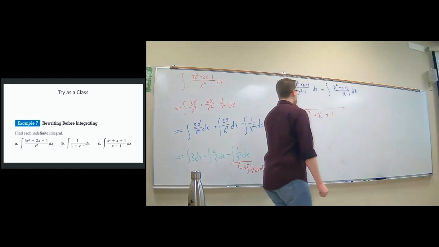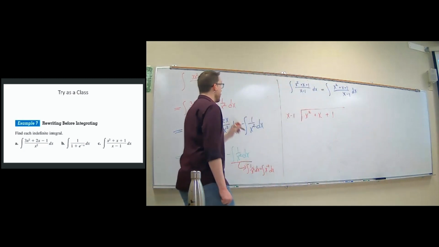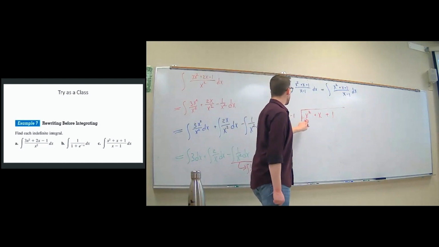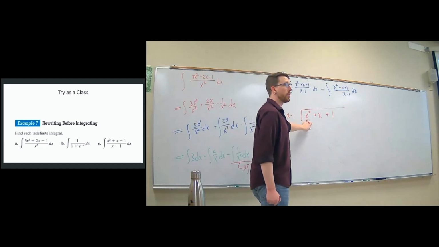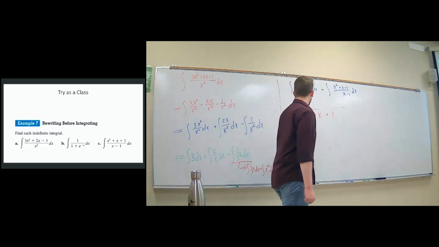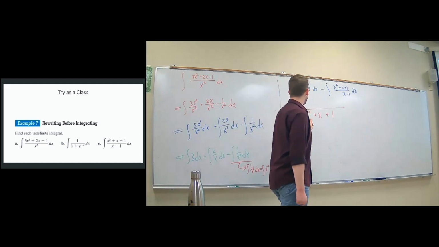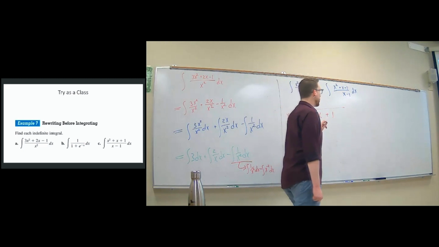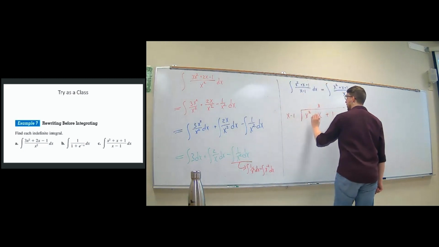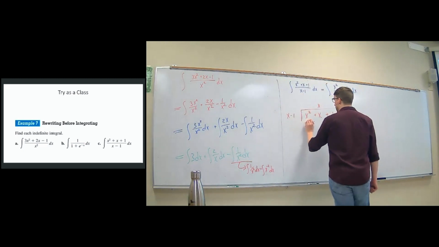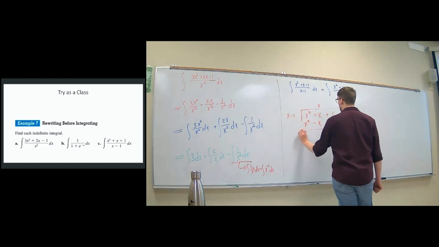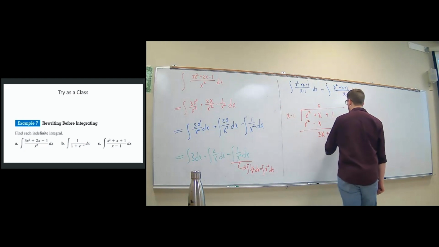All right, using long division, there's nothing that we can multiply x minus 1 by to cancel out with x squared. But there is something we can multiply to cancel out with x squared plus x. Multiply by x to get x squared minus x, taking the difference of the two, so that's going to become 3x plus 1.